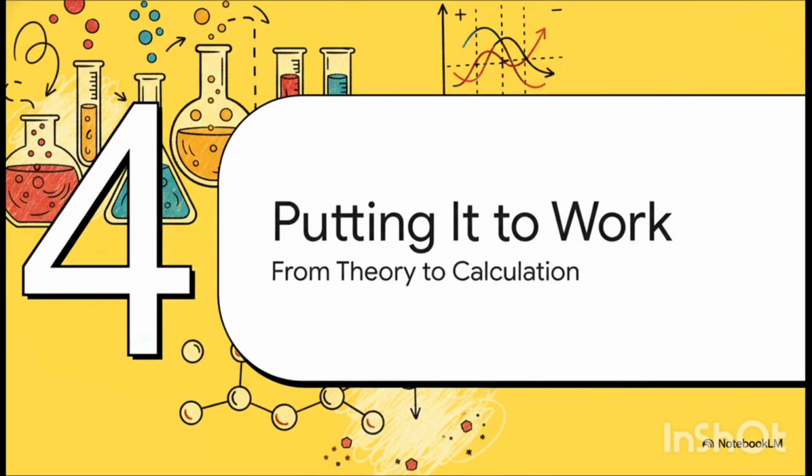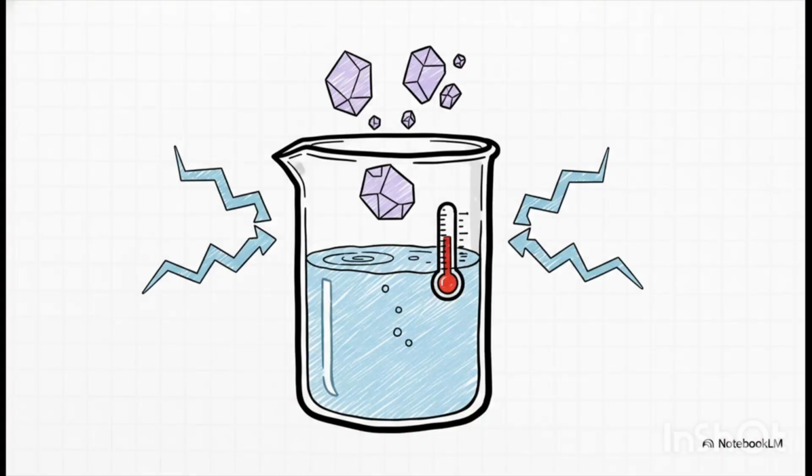All right, that's enough theory for now. Let's get our hands dirty and see how this works in practice with a couple of quick calculations. Okay, problem number 1. We're dissolving 2 moles of potassium nitrate, and in the process, 10 kilojoules of heat are absorbed. That little plus sign tells us it's endothermic. It got cold. So what's the integral enthalpy?